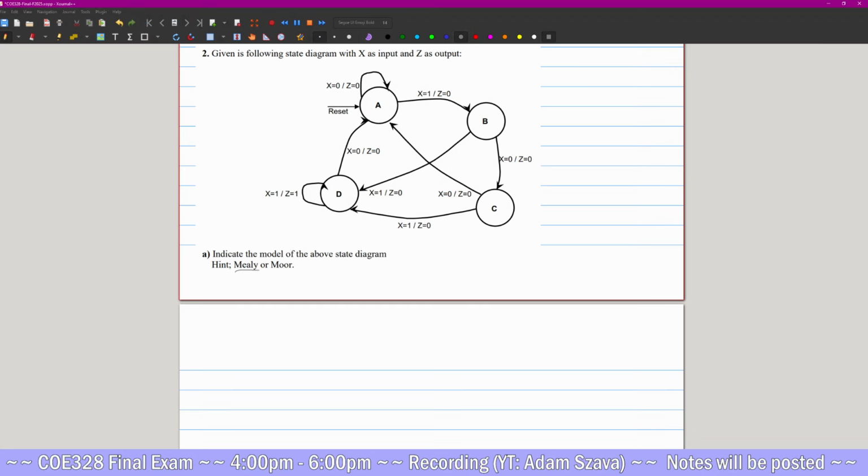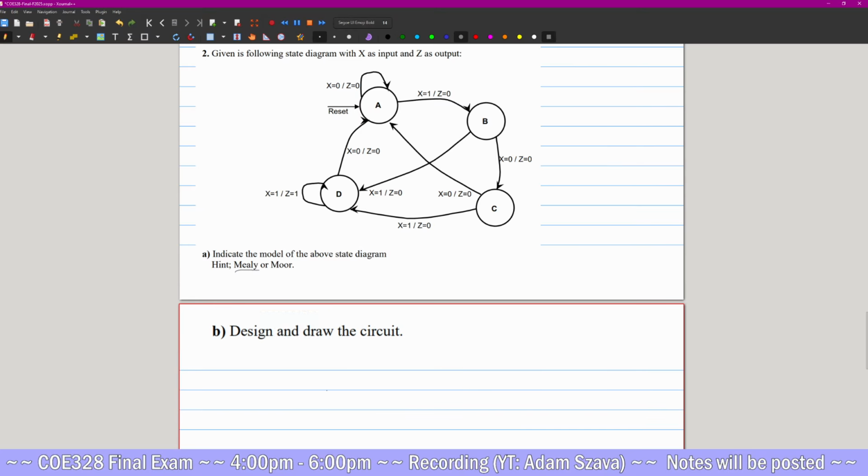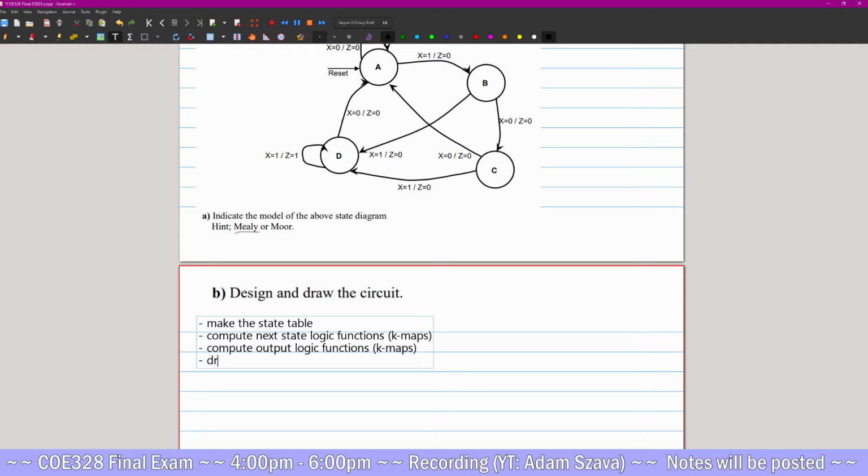Now, we could do the whole thing if people are interested, but just a general framework of how you would do something like this is you would make the state table, compute next state logic functions, compute output logic functions. So this is like K-maps, and this is also like K-maps. And then draw.